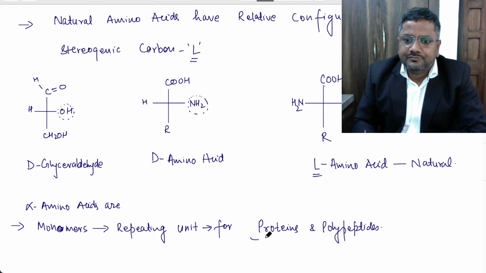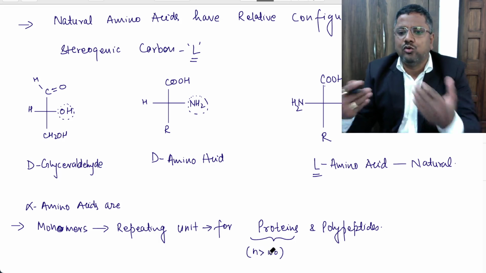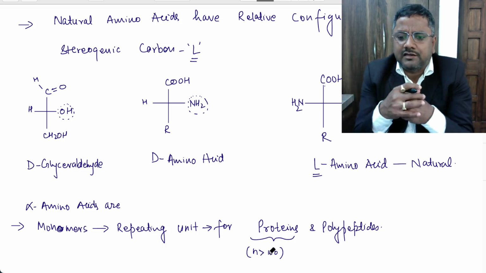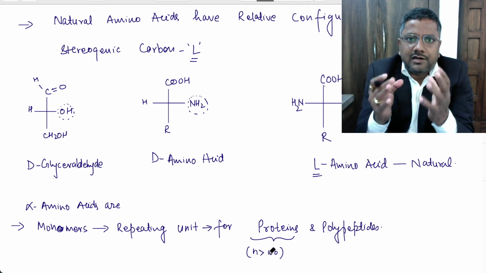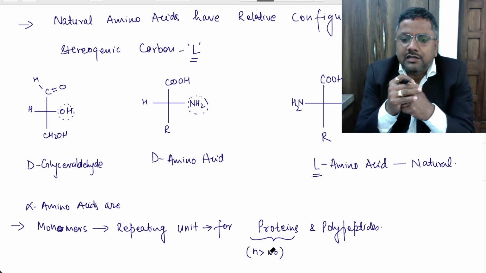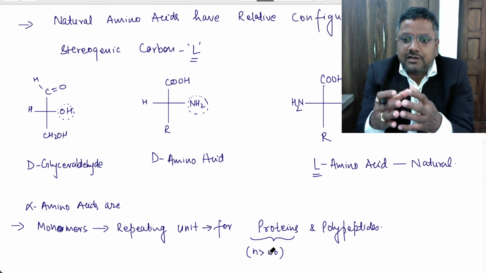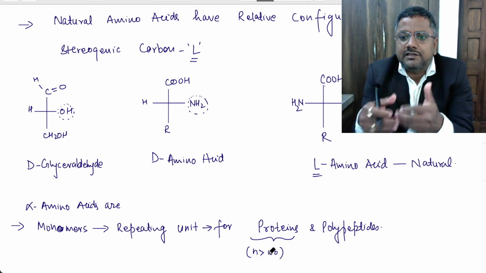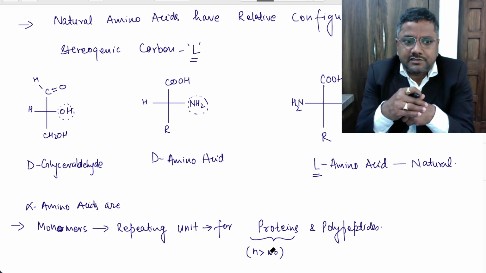If n is more than 100, that is, if more than 100 alpha amino acids are condensed with each other, then they form a protein. And if 100 or less, then this is a polypeptide, right?